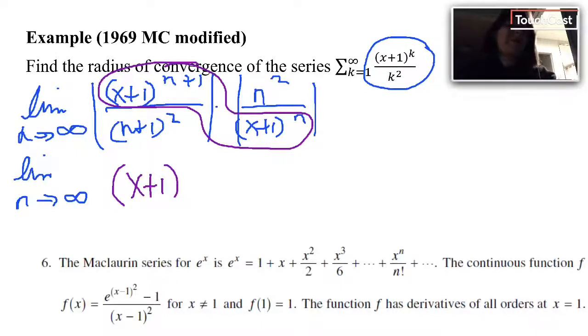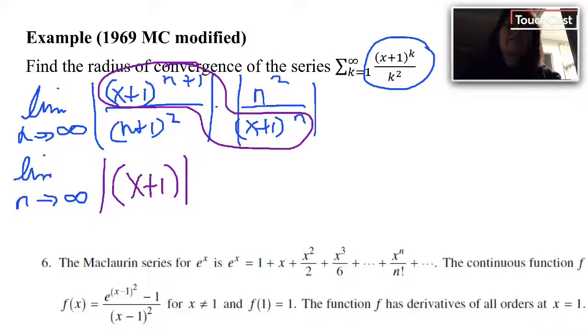I don't know yet if x is negative or positive, so I'm going to have to keep those absolute value bars. And then think about what happens to n plus 1 squared and n squared.